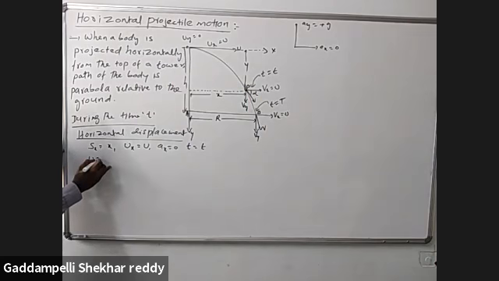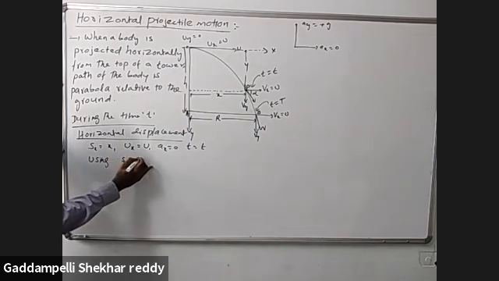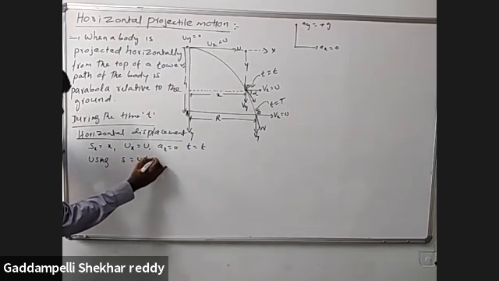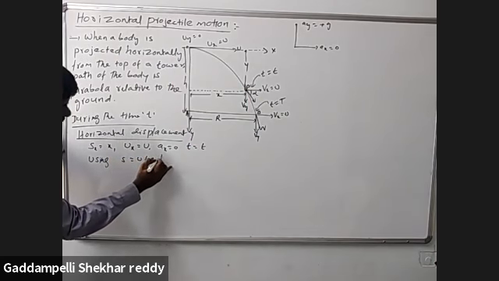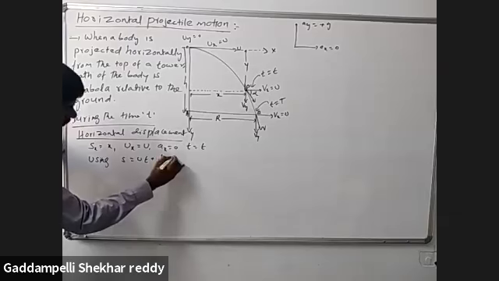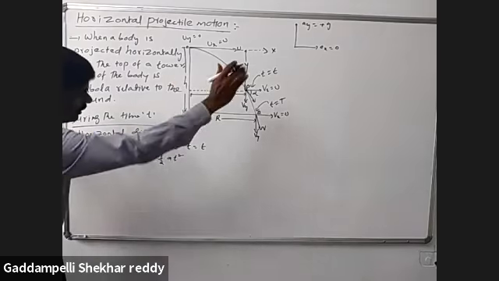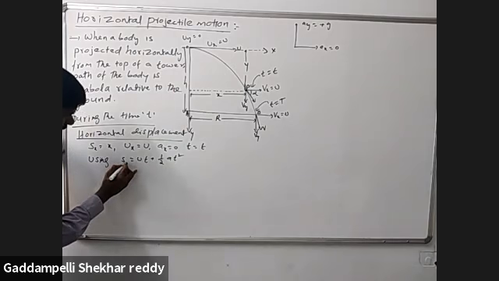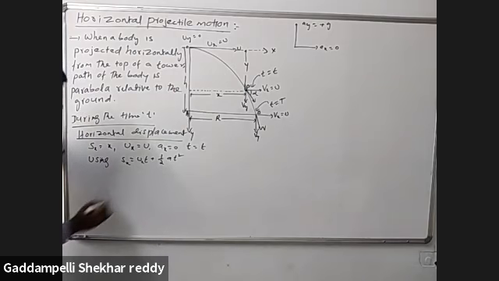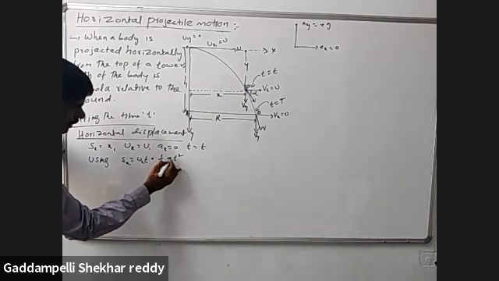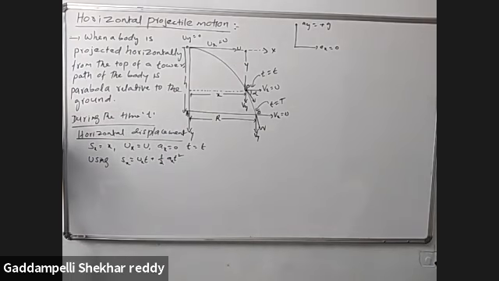Now, using the kinematic equation S is equal to ut plus half at square. Here S is in the horizontal direction, so Sx, with horizontal velocity ux and horizontal acceleration ax.